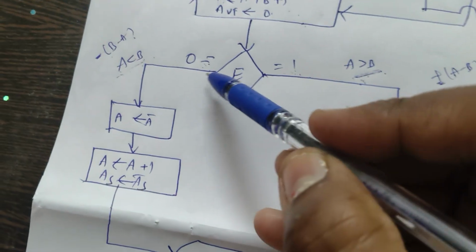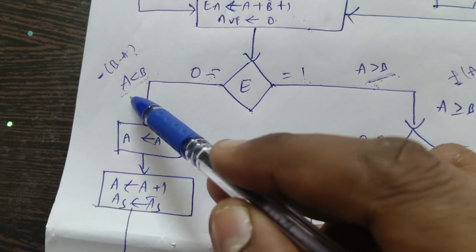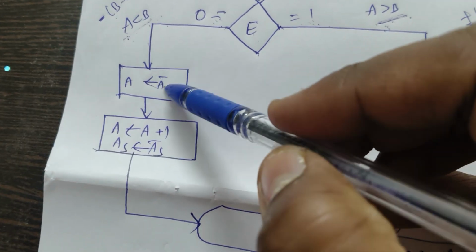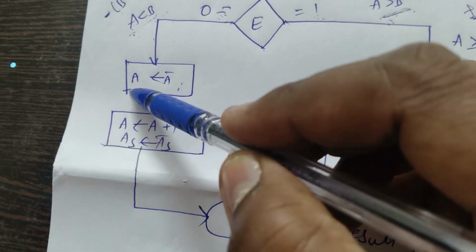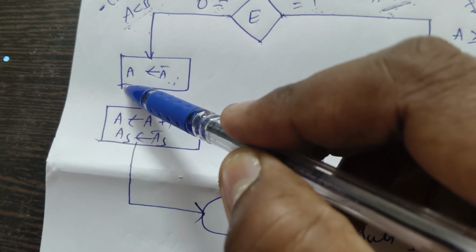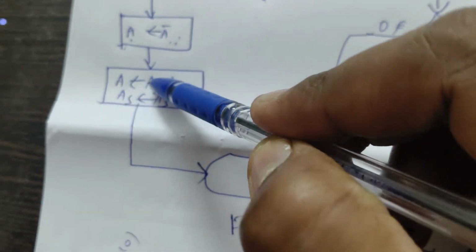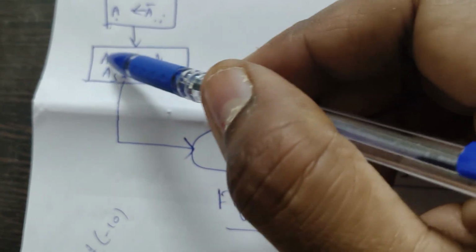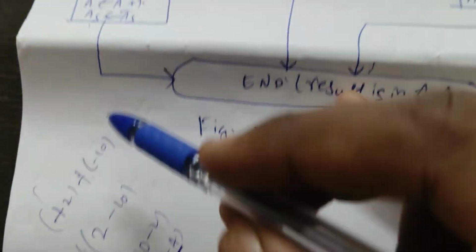So if E is 0, there is a condition that A is less than B. Here we need to complement the A value, so A becomes A bar. Then add 1 to it, and that is stored in A. What is the previous sign?